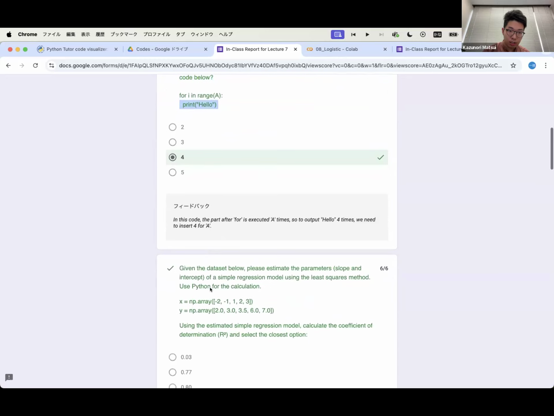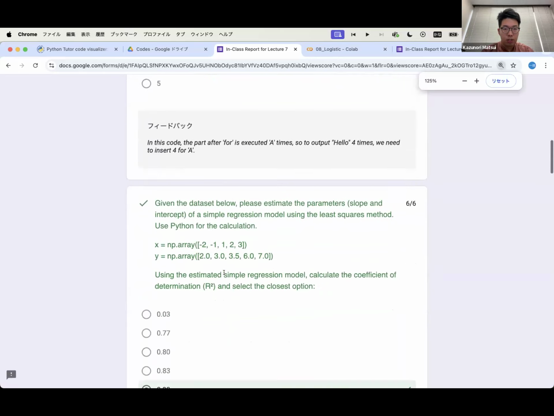Next is a problem to find the coefficient of determination.